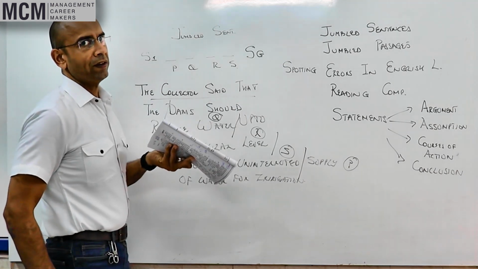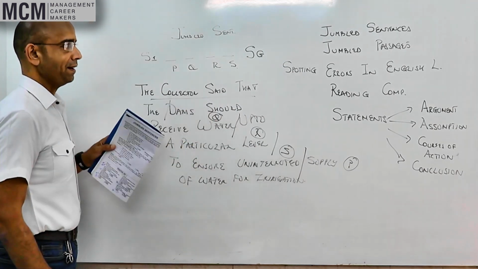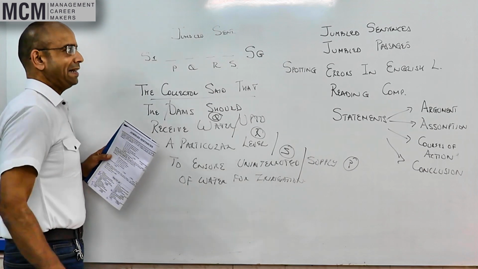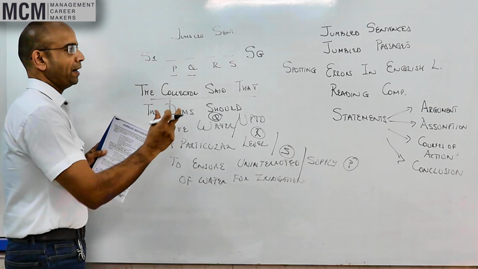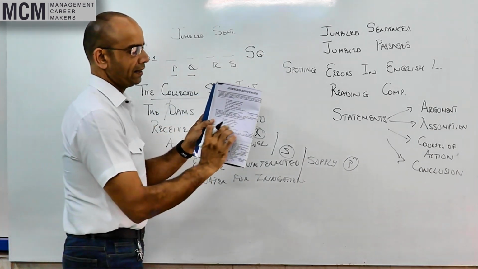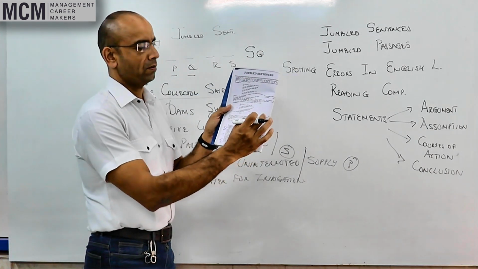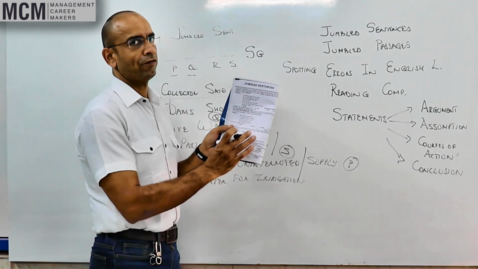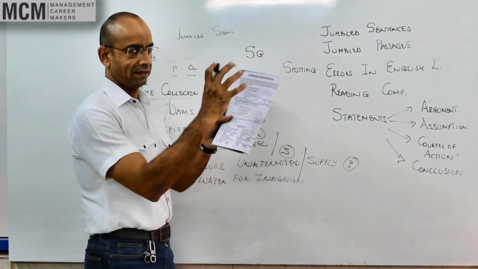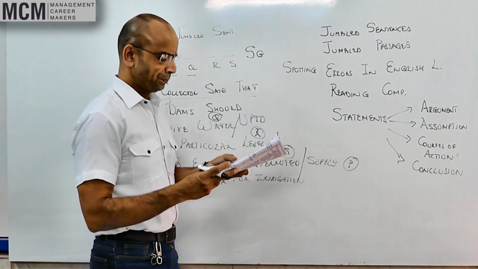Essentially, what they are checking here is the formation of the English language in the sentence. So it's important to get at least the first two right. Once you get the first two right, you can look at the options and choose which one will be grammatically correct. It's better to look at the first two rather than the last two, as there is a certain flow in the sentence.